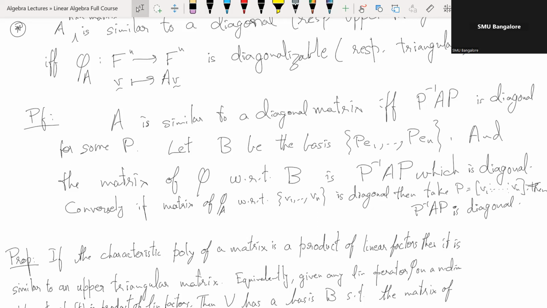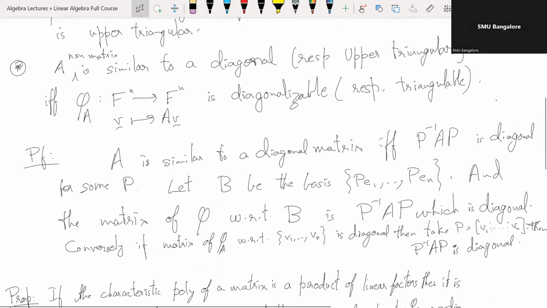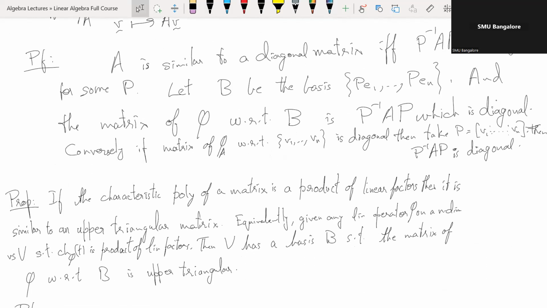And if you want to write it in terms of linear maps, by the above observation, equivalently: given a linear map phi on an n-dimensional vector space whose characteristic polynomial is a product of linear factors, you can find a basis of V such that the matrix of phi is upper triangular.